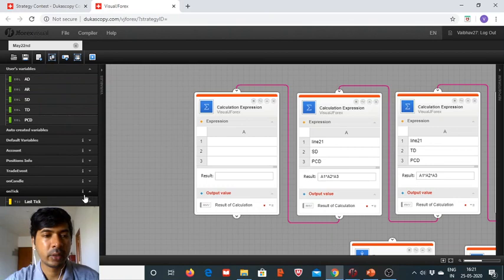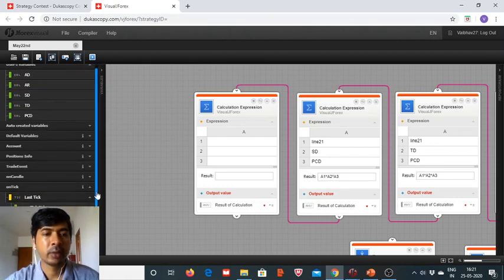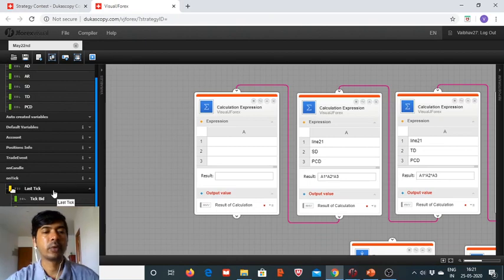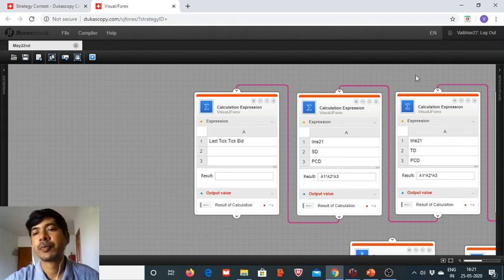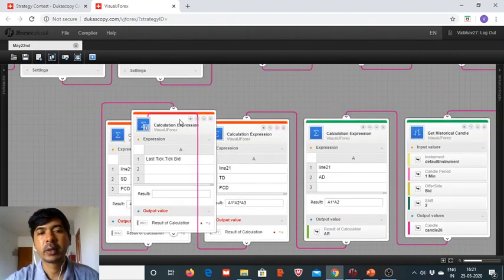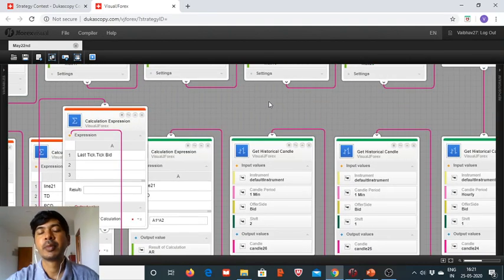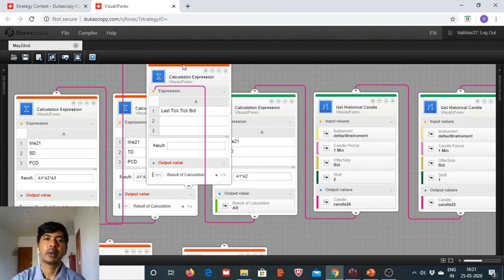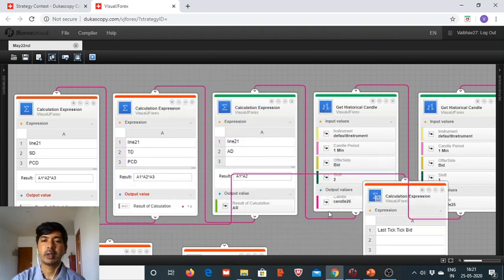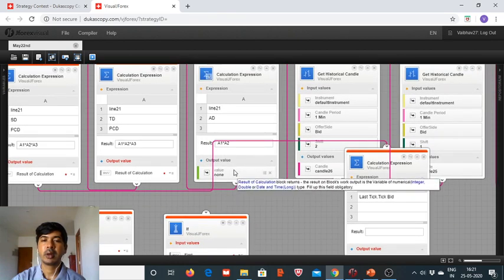So we take the last tick bid, and then we deduct the 10% of the ATR range from it.